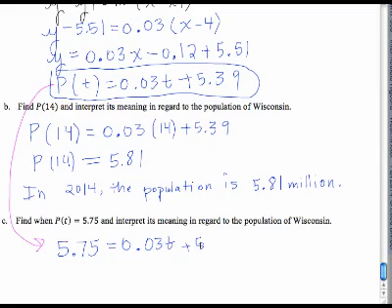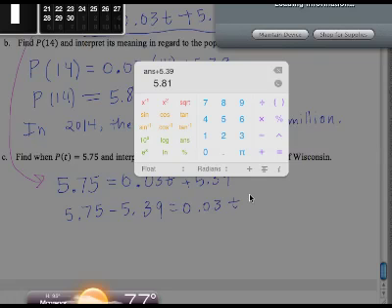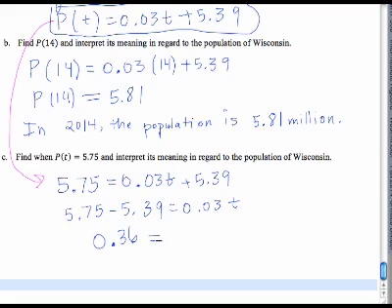So if I subtract 5.39 from both sides, we have 5.75 minus 5.39 equals 0.03t. So let's see what that number is. 0.75 minus 0.39 is 0.36. So that's 0.36 equals 0.03t.